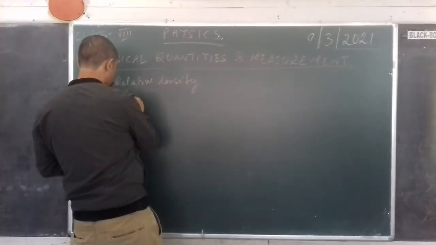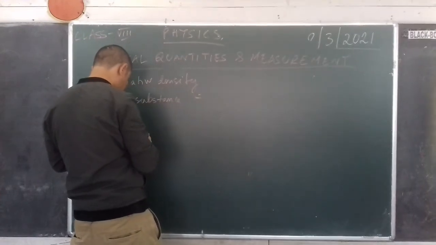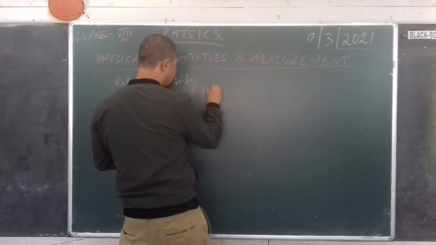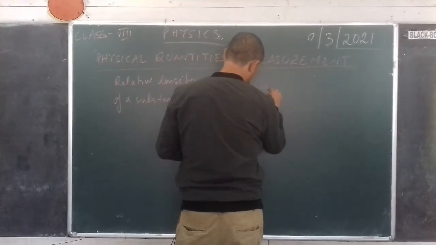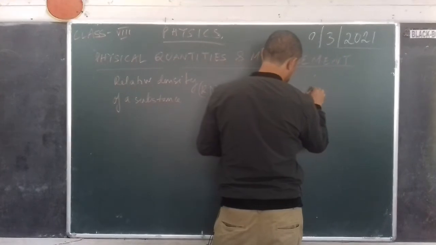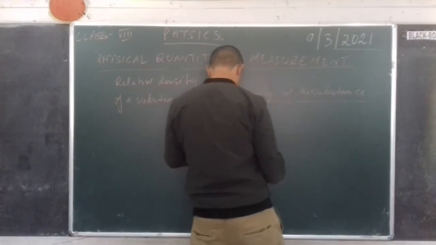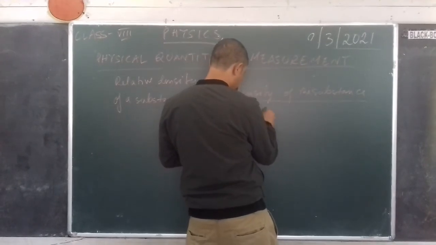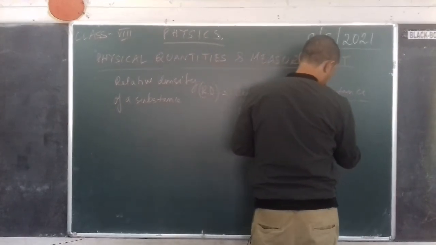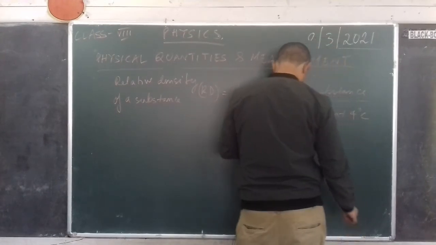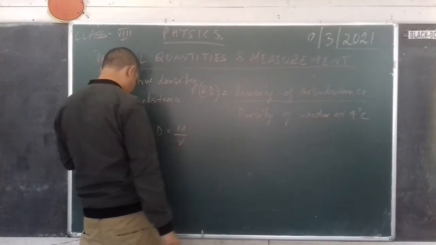Relative density of a substance, and that will be RD, is equal to density of the substance upon density of water at 4 degrees Celsius. Okay, so density is mass upon volume.